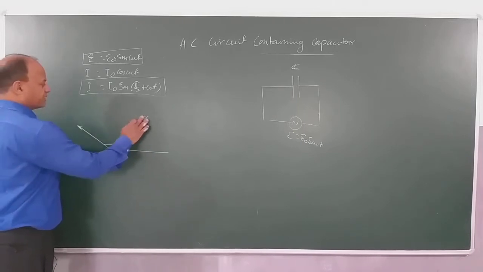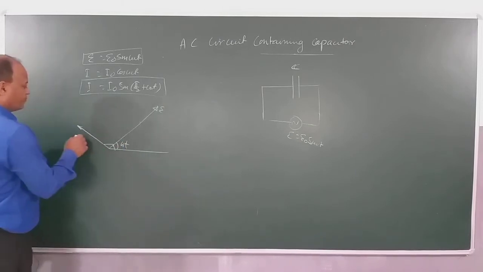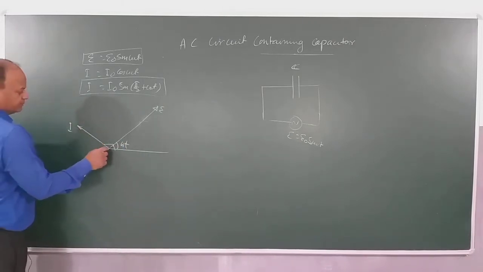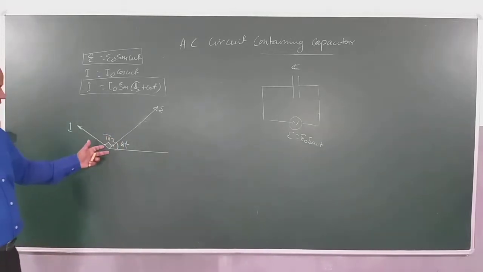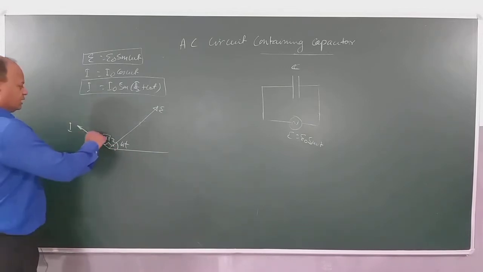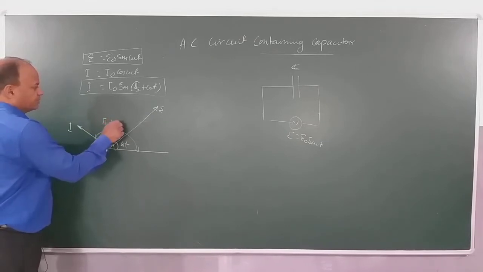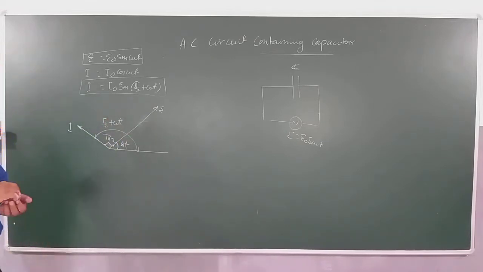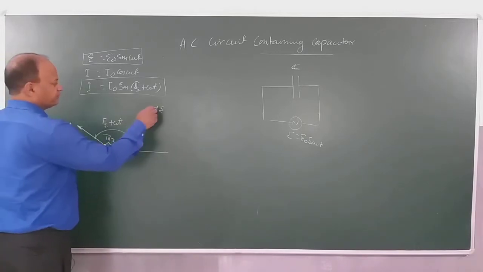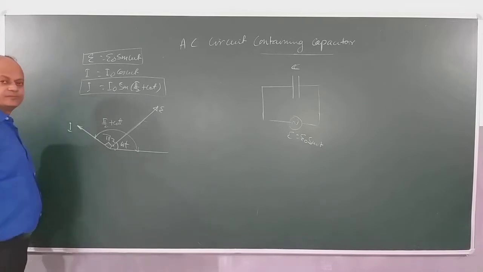In fact, this I will be smaller than E. This will be pi by 2. So you can see that current is leading this angle omega t by pi by 2, and therefore this total phase will be pi by 2 plus omega t. Clear? So children, this is E and this is I.